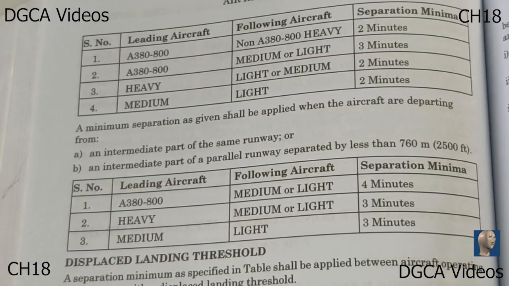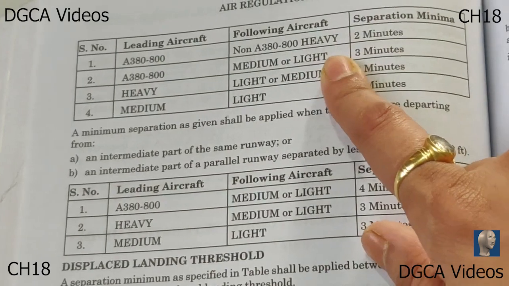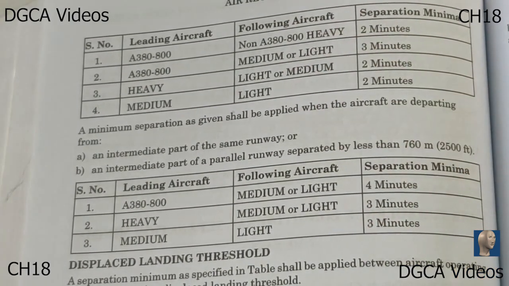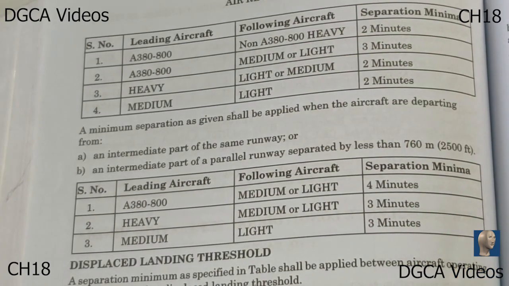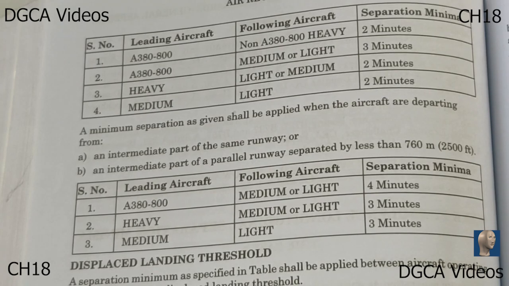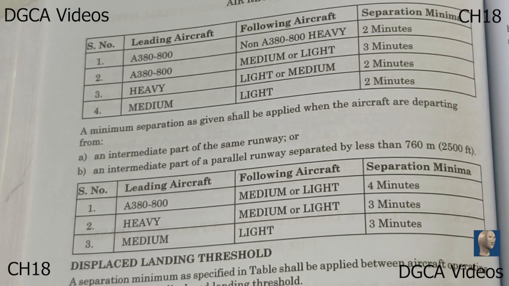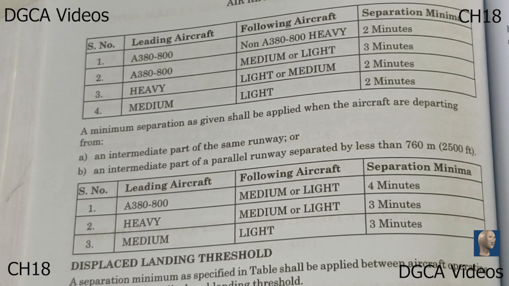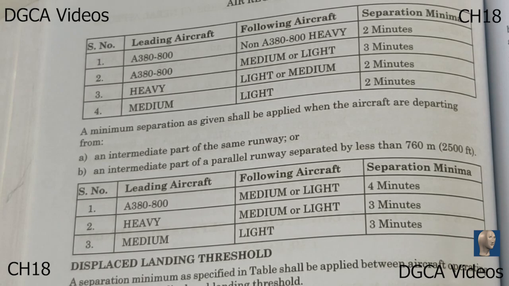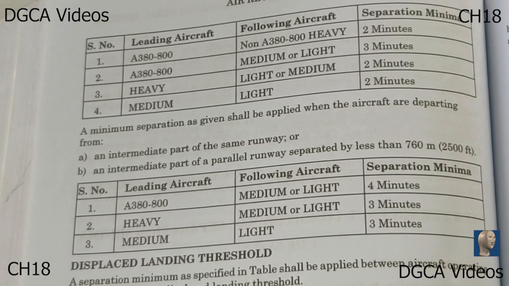For the departing aircraft, this is the table that you need to follow. You can see it. So this is when the departing aircraft are following the same track, or if their tracks are separated but parallel, they are separated by less than 2,500 feet, or they are having crossing tracks, and the altitude at which they cross each other is the same or less than 1,000 feet.